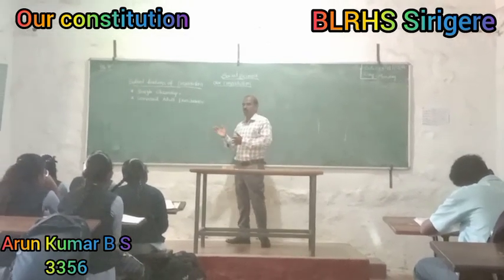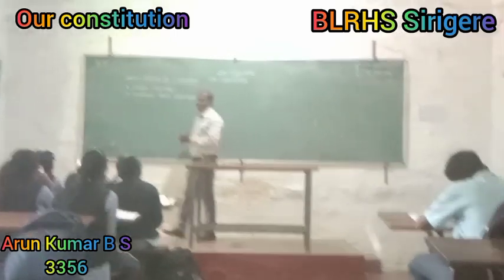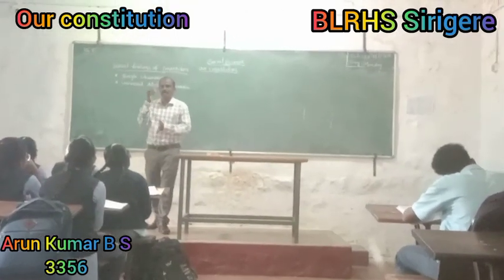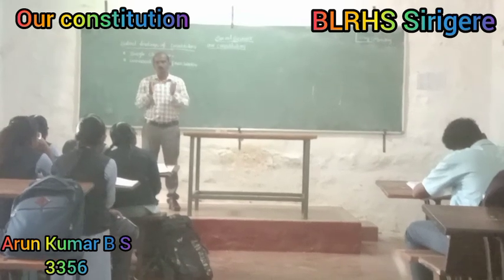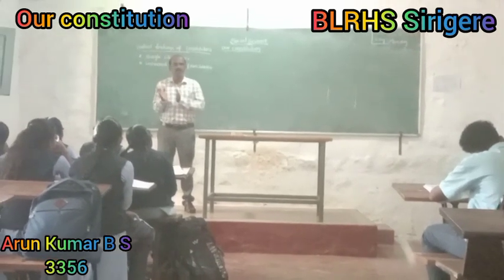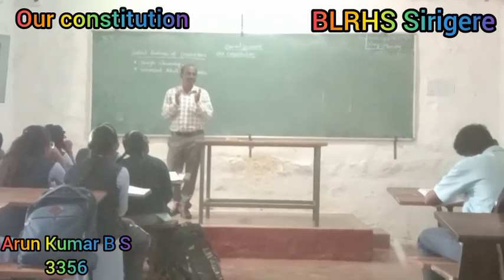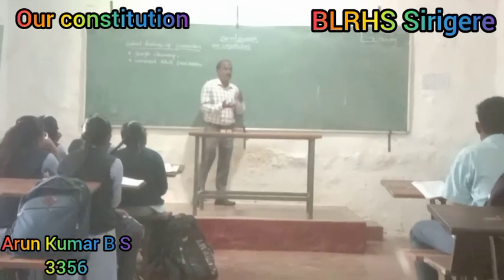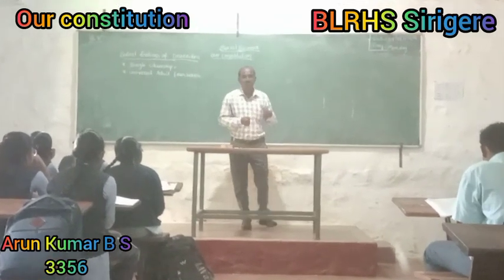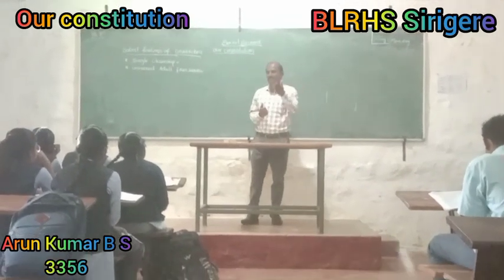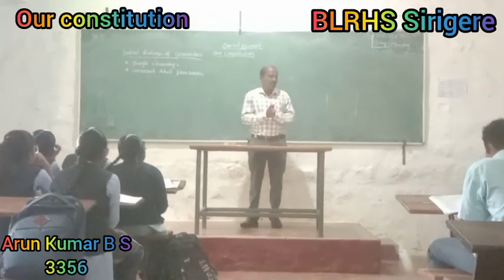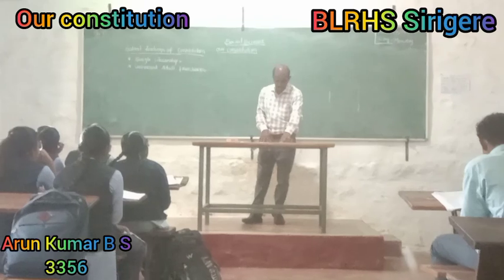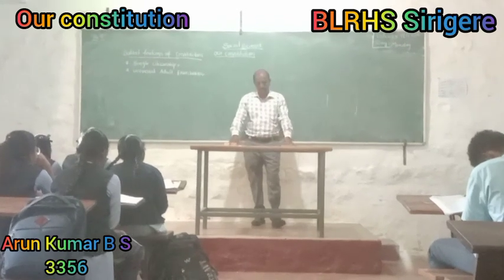So the people who crossed the 18-year age exercised their vote at that time. So the power of voting is how we can change our representatives. We can change the government by exercising our vote. So this power has been given by the constitution to the people of this country.